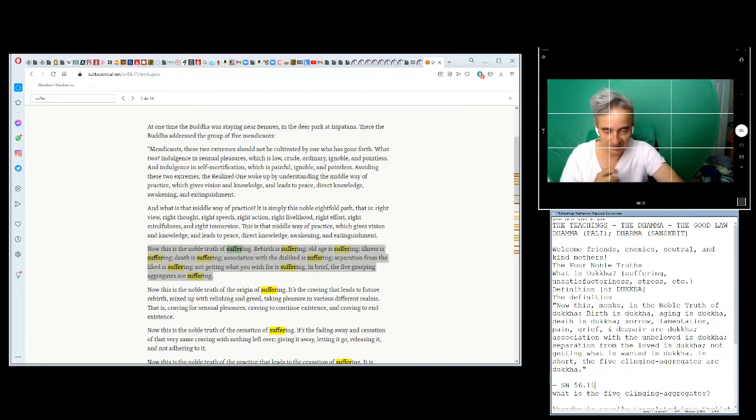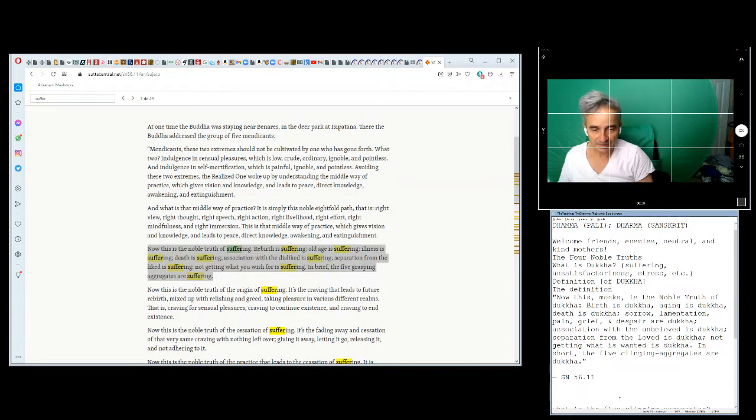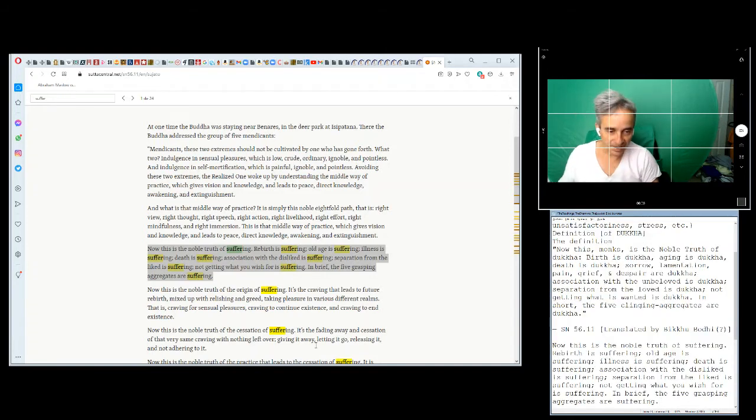But I have another way of translating it, by Sujato. That's interesting. I'm assuming he's a Buddhist from Sri Lanka, or maybe even Thailand. I'll find that later.